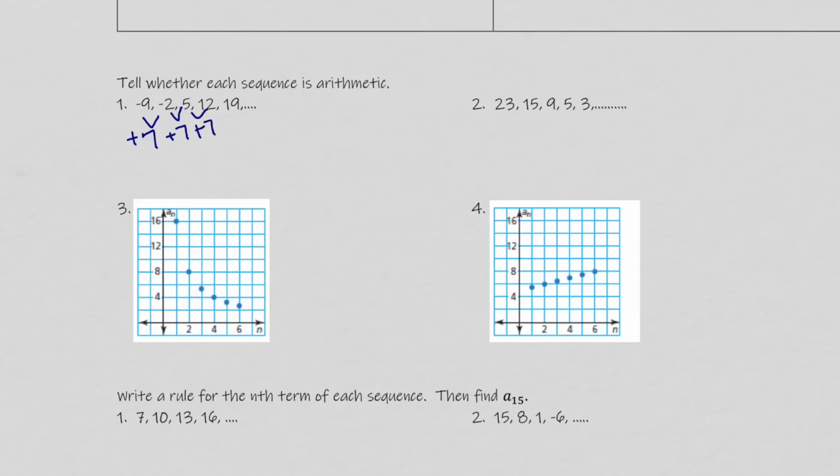Between 5 and 12, it went up 7. And 12 and 19, it went up 7. Because this is constant and it's the same number every time, I know that this is an arithmetic sequence. And we'd be able to pull that formula out and write the general rule for it.